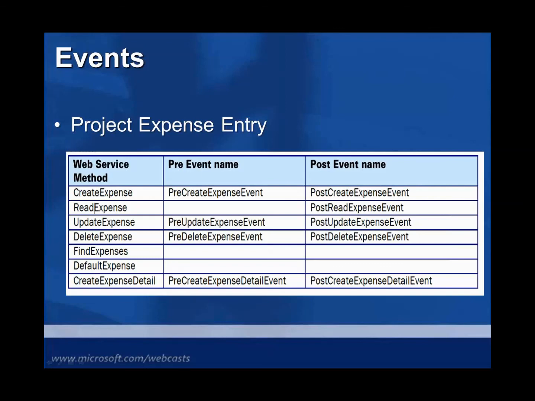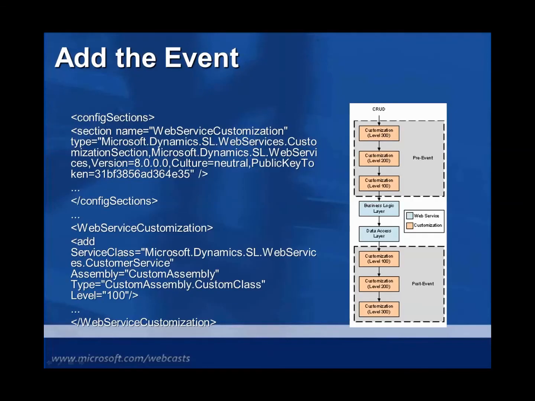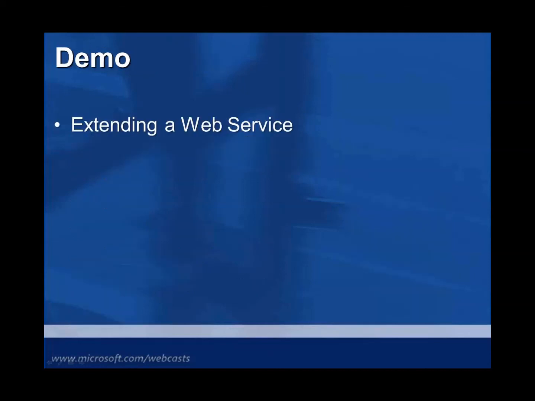And to add an event, you're going to write code that sits inside of a DLL, a compiled dynamic link library, and then you're going to put it out in a certain location and modify a config file. So all you have to do is write a little bit of code, which I can show you here in a minute, put the compiled DLL in a certain place, and modify this configuration file to let it know that this custom code is out there, and then it'll be able to attach itself into events.